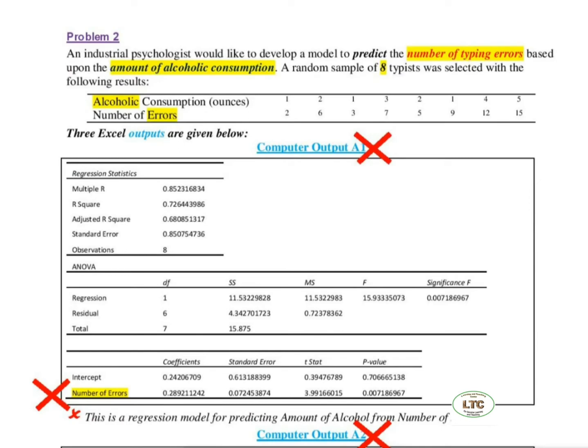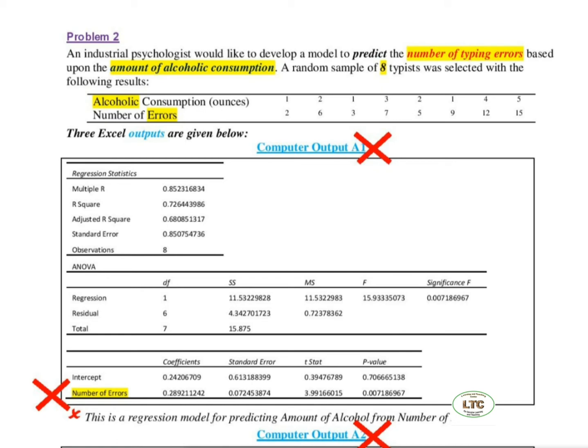Problem 2. An industrial psychologist would like to develop a model to predict the number of typing errors based upon the amount of alcoholic consumption. A random sample of 8 typists was selected with the following results. 3 Excel outputs are given below. So read again.